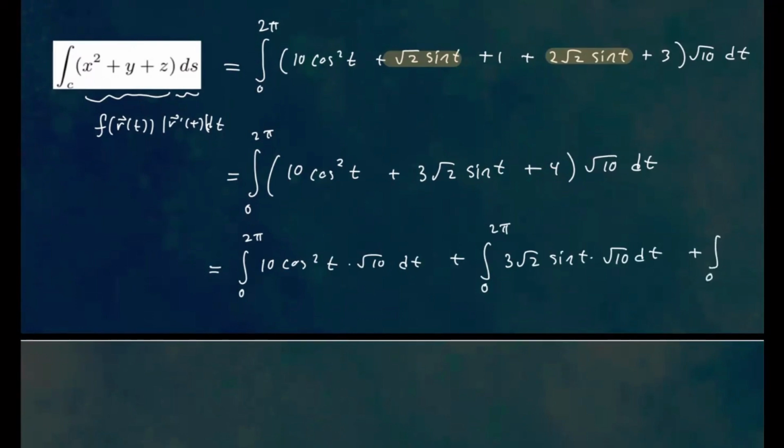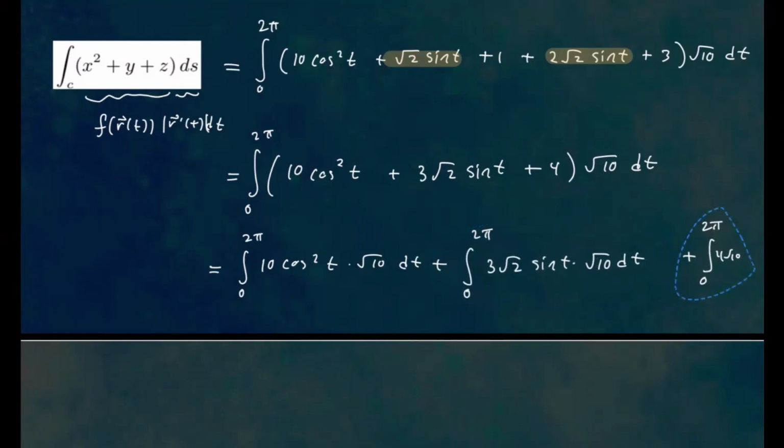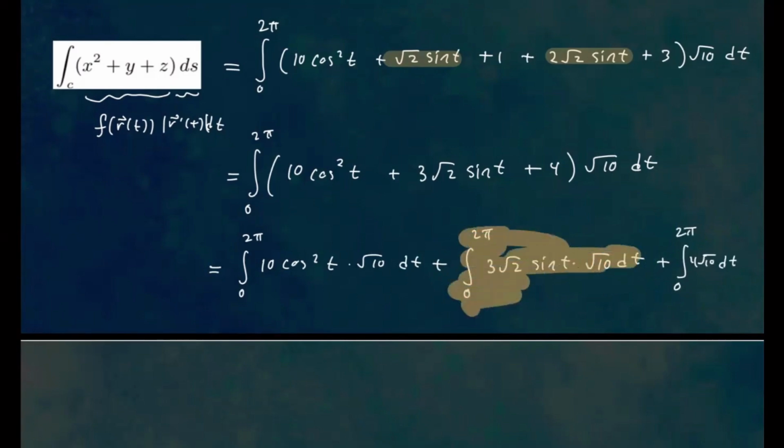And then the last integral from 0 to 2 pi of 4 square root of 10 dt. So I'm just separating them, and I'm going to show you a shortcut that you can use here. So this is what we have. Now let's focus on this particular integral right here. So focus on the sine of t.